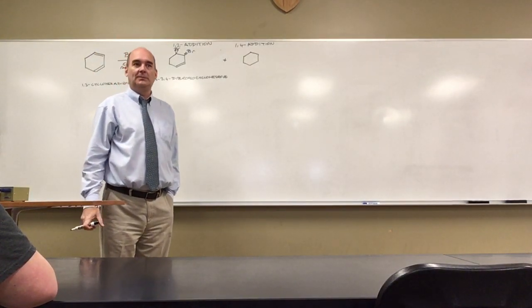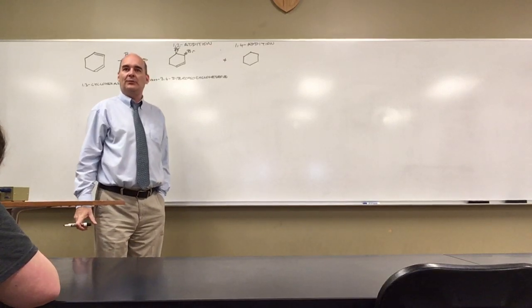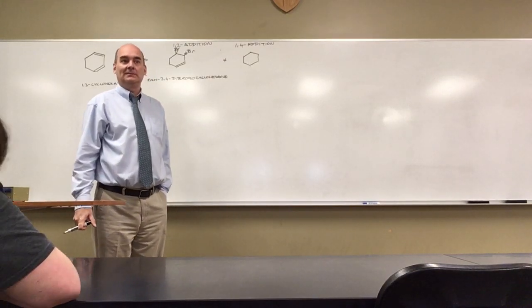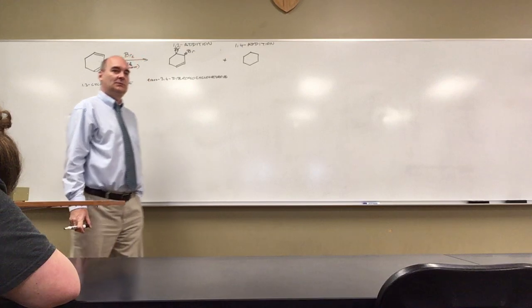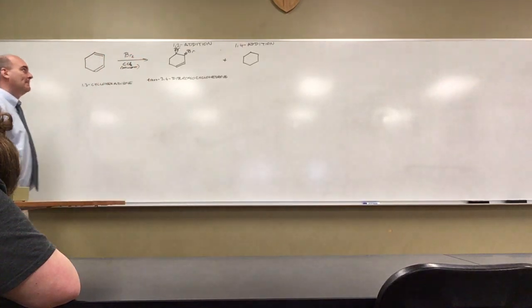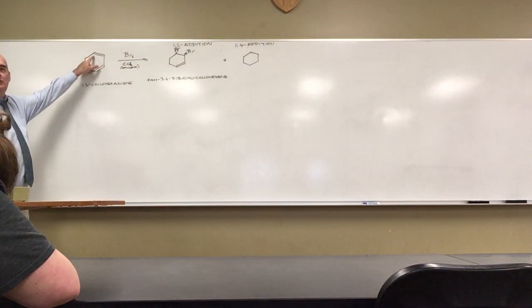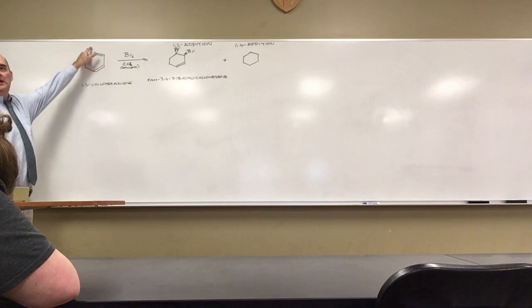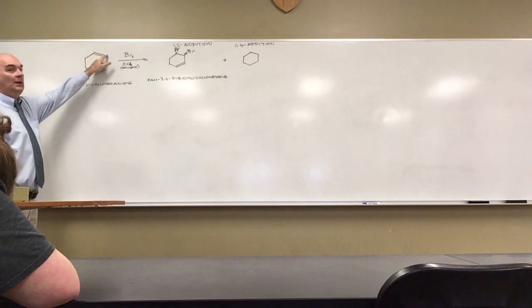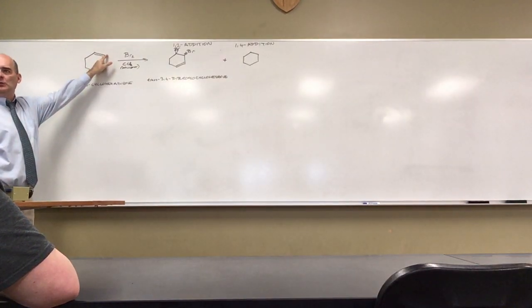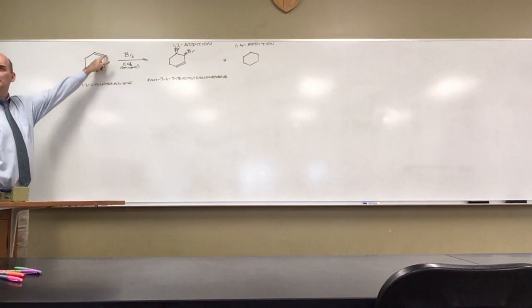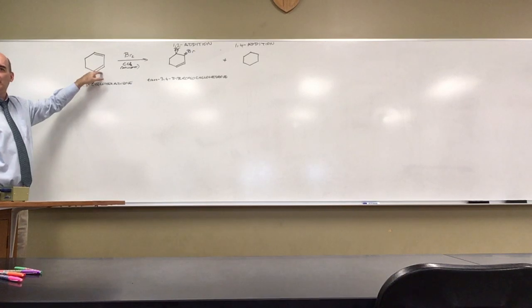1,4 addition. What's the name of my product? Sketch it. 1,4 addition. The incoming electrophile adds to this carbon, puts a carbocation here. Oh, that carbocation is one position away from a double bond.